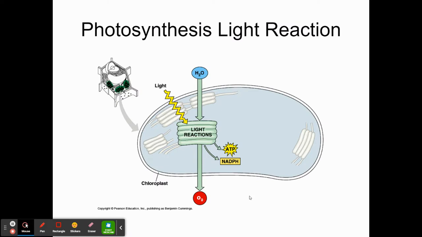I do want you to know the reactants and the products of all of these reactions. And as you can see, we have water coming in at the top. The process is occurring in the chloroplast and specifically on the thylakoid membrane, which is the inner membrane of the chloroplast.